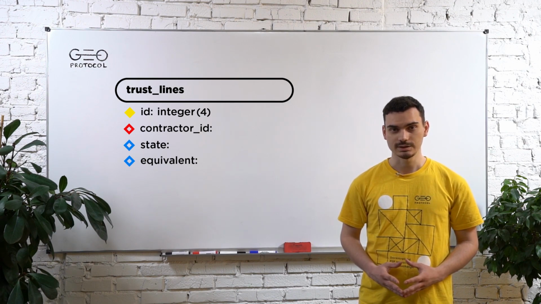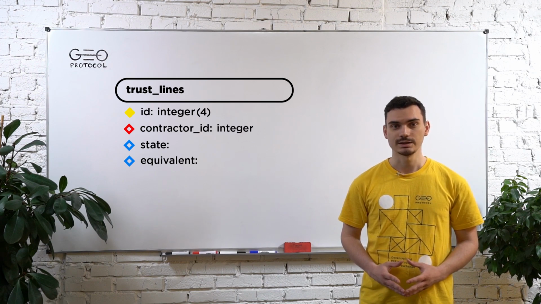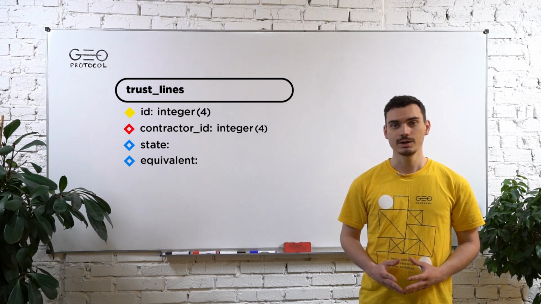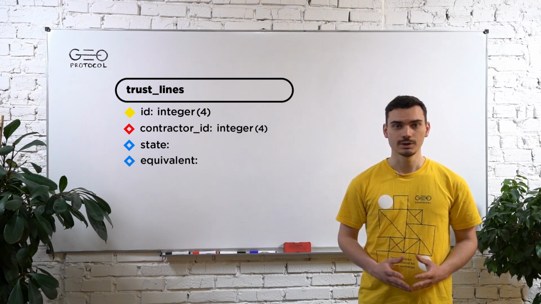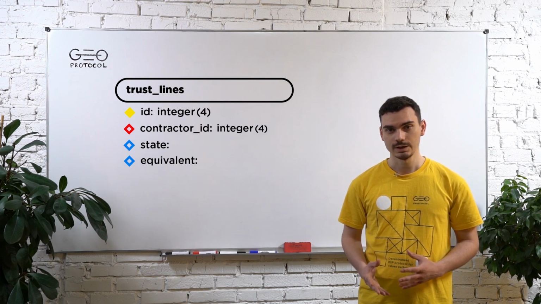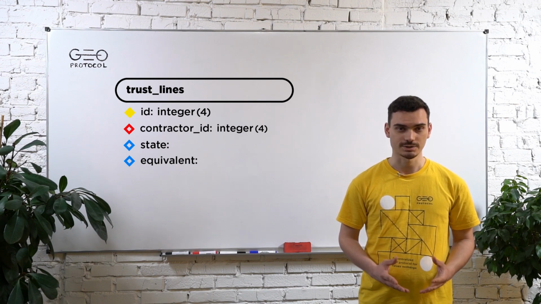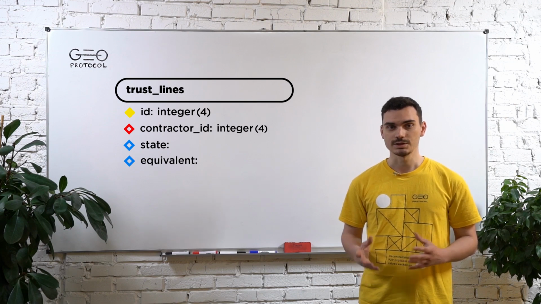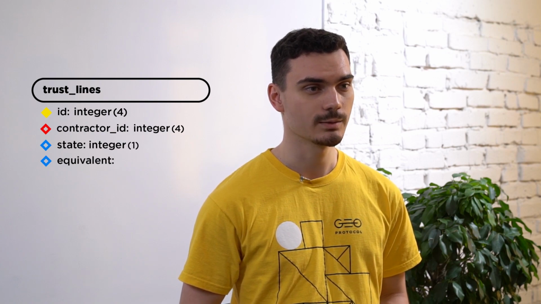Contractor ID field contains a unique positive integer that consists of 4 bytes. It is used to identify a node with which the current node has opened a Trustline. We call such a node a contractor. This field is used to link the Trustlines table to the Contractors table. State field contains a positive integer that consists of 1 byte.